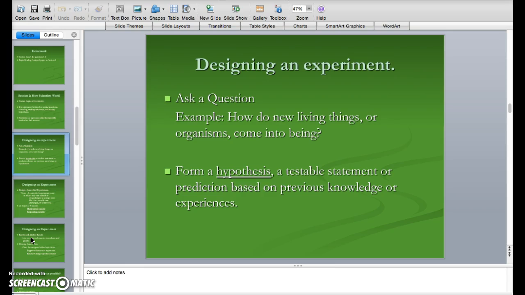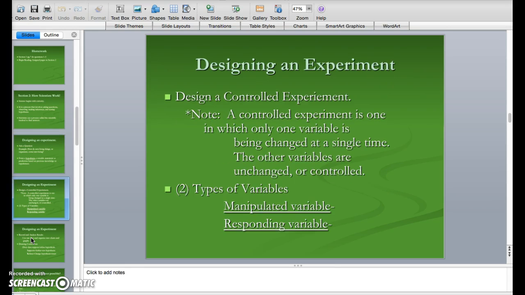So once we have done those two things, typically the next thing to do would be to come up with a controlled experiment. And a controlled experiment is an experiment in which you're only testing one variable. You only want to change one variable at a time because you want to be able to compare the results that you're seeing within both your control group and that of your experimental group.